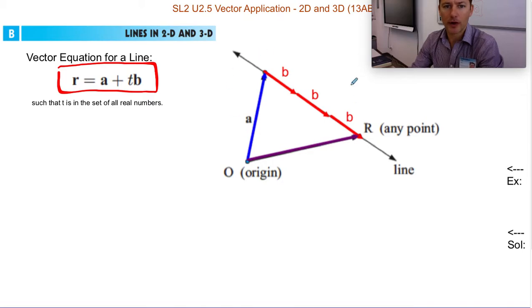If you're trying to find, like, this can be described with this by saying, I need to get to this point, right? The way to get to that point is with vector A, right? And then to go along the line, right? Because this is trying to describe R. Probably do it in a different color.